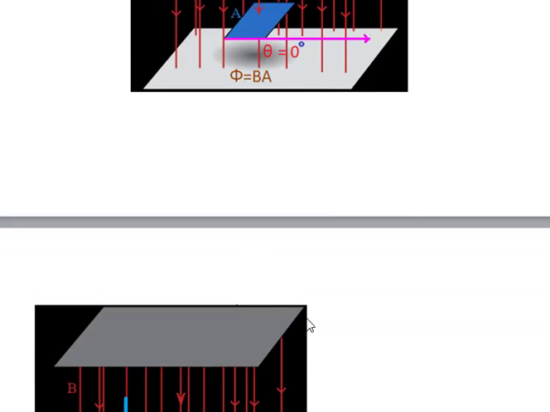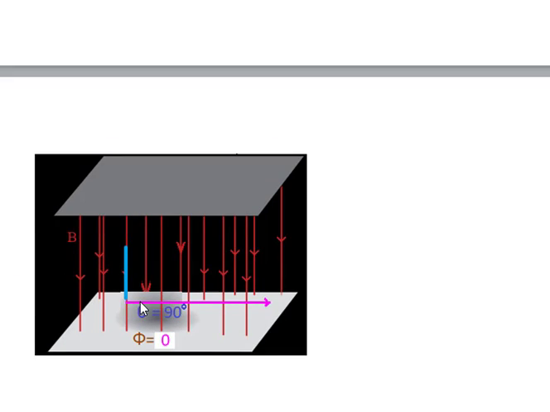Then the same flat surface is placed parallel to the magnetic lines of force, so it is inclined 90 degrees to the normal. The normal is the perpendicular line drawn to the surface, so the surface is parallel to the magnetic field.